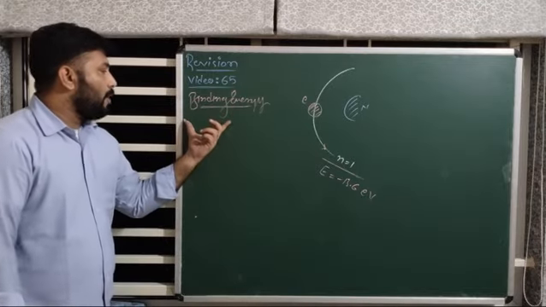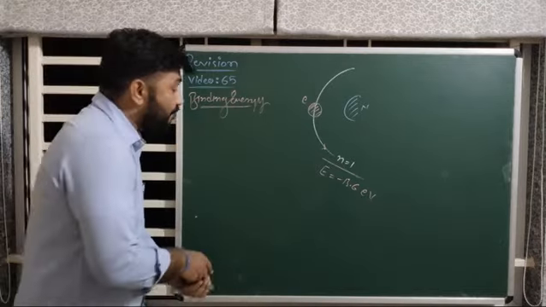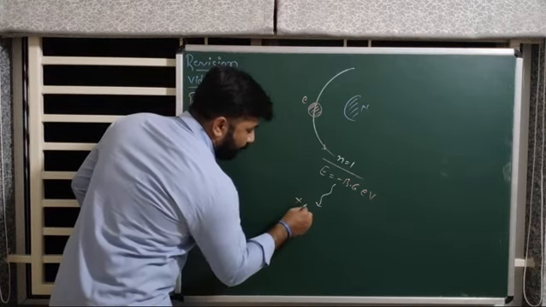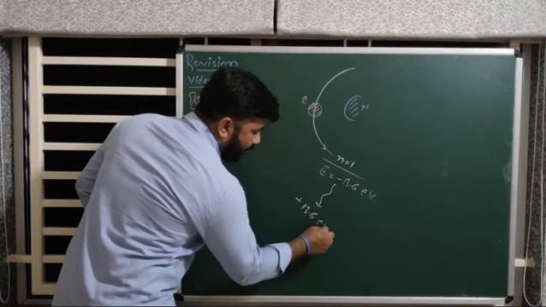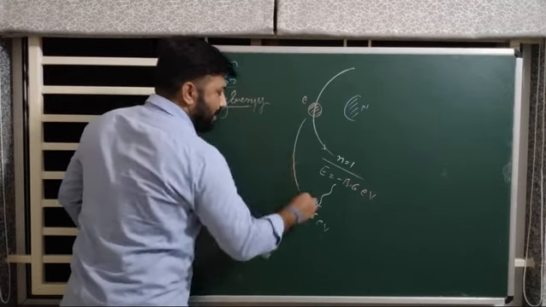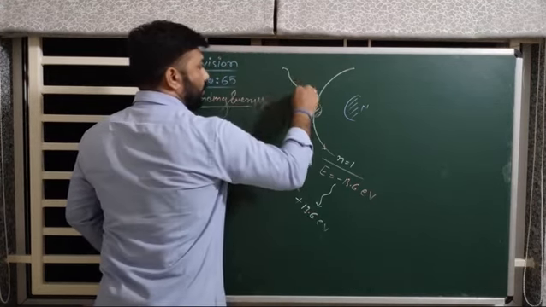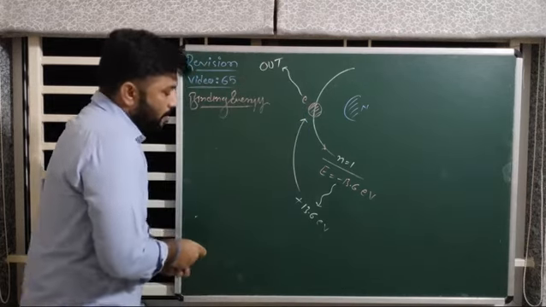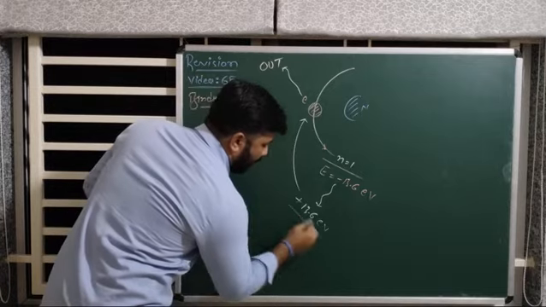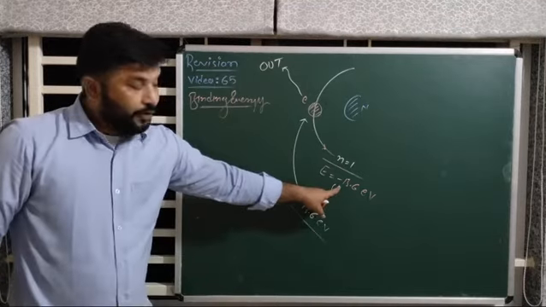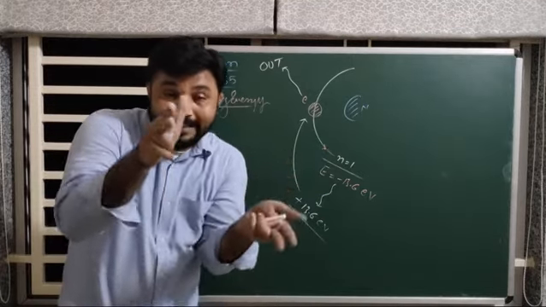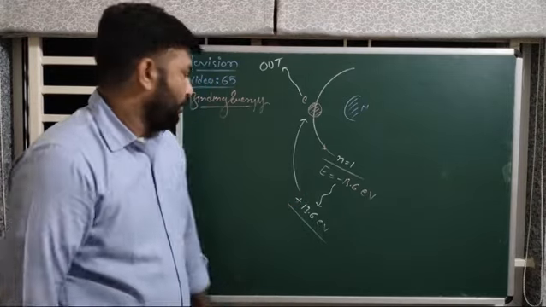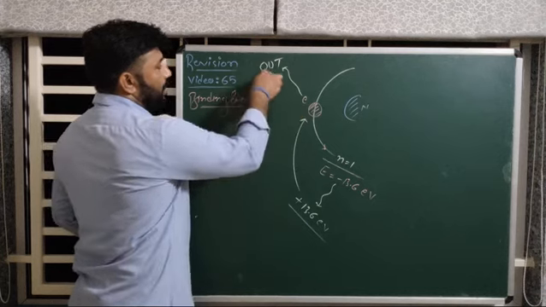So this is about binding energy. And if instead of this, we give plus 13.6 electron volt energy to this electron, it will come out. So minus 13.6 electron volt, due to this the electron was bound in that orbit. But if you give energy in plus, then the electron will come out.